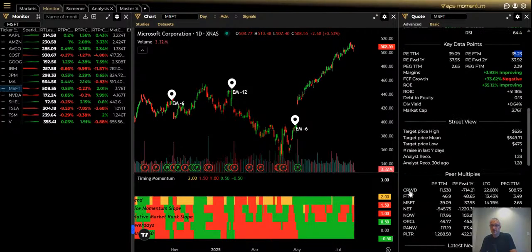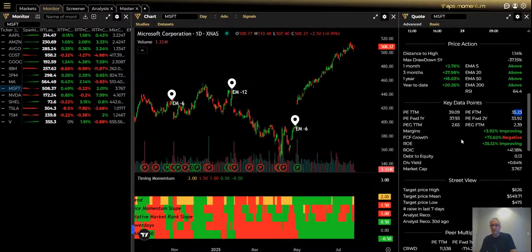And you can also see the peer multiples. So you can see Microsoft and then the competitors of Microsoft: PE, forward PE, long-term growth, and PEG trailing 12 months. So you can really compare to the sector. Obviously, there are some abnormal points or smaller caps there, but you get the point.